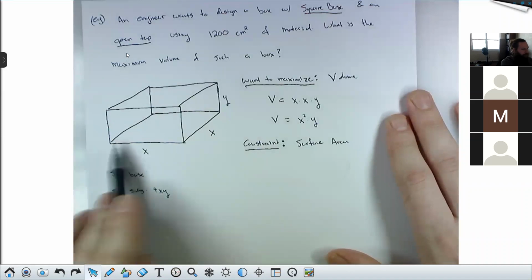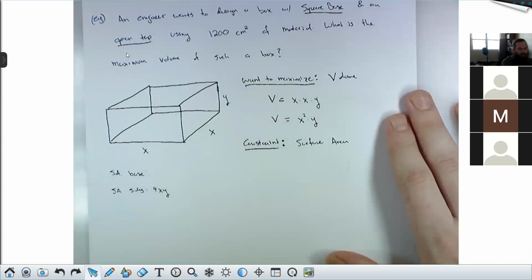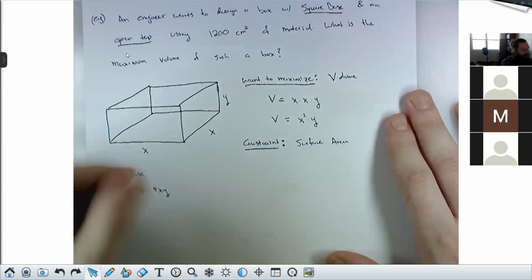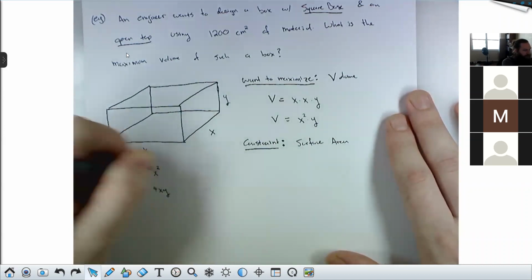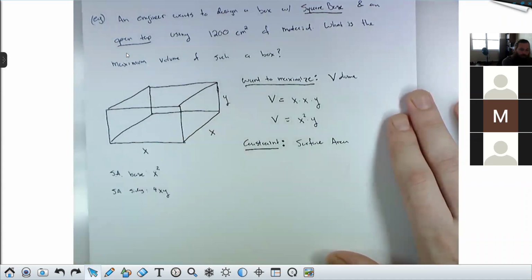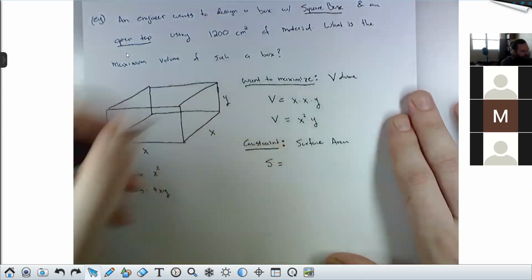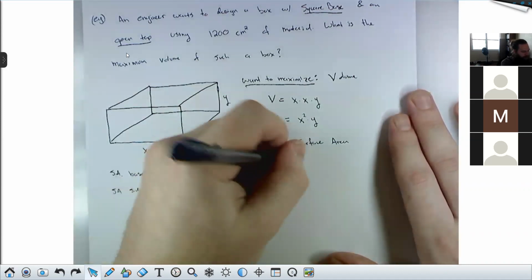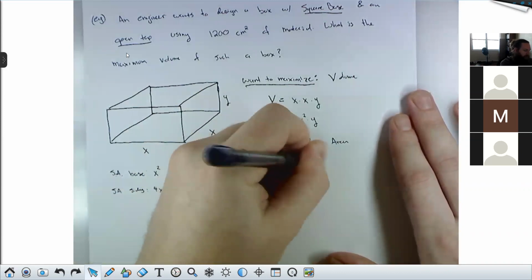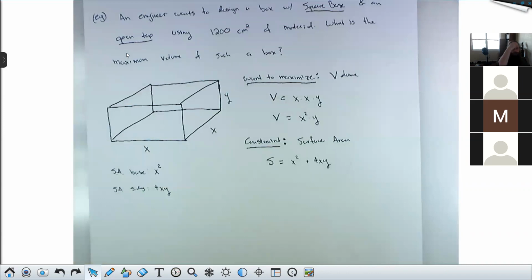And the surface area of the base, what's that? x squared. Yeah, good. And because the box has an open top, there's no surface area for the top. We don't need to worry about that at all. So my total surface area, I'll call it S, is equal to x squared plus 4xy.